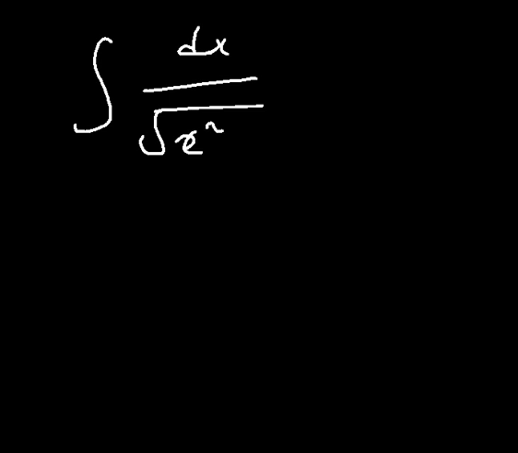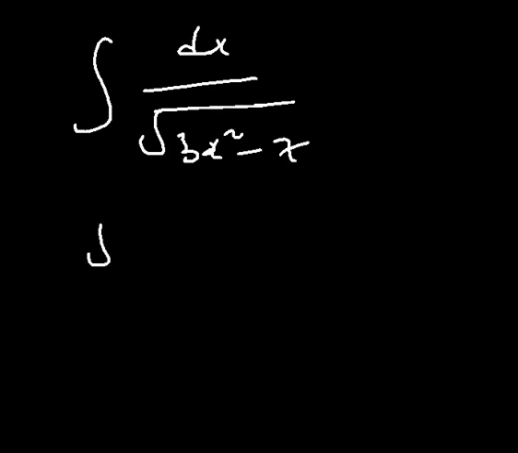And what if I have the integral of dx over the square root of 3x squared minus 7? How do you think you can have this one, using the same principle? For this case, 3 is not a perfect square.